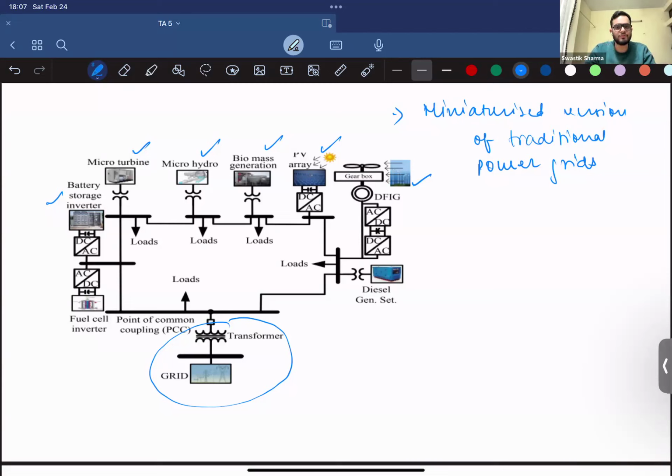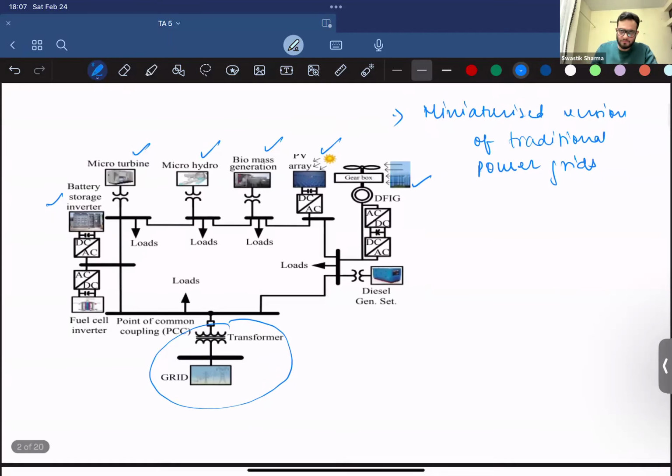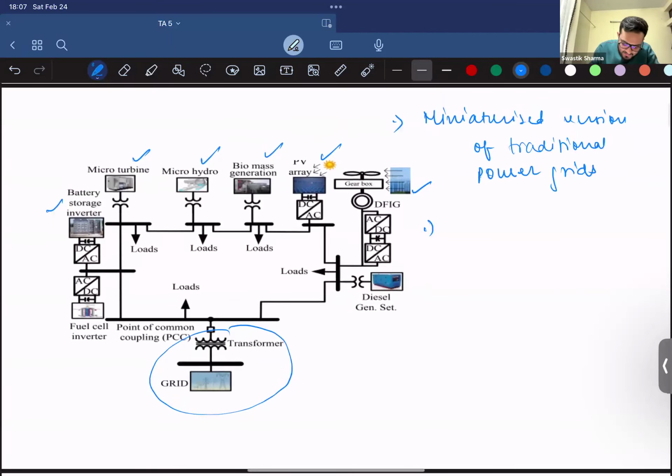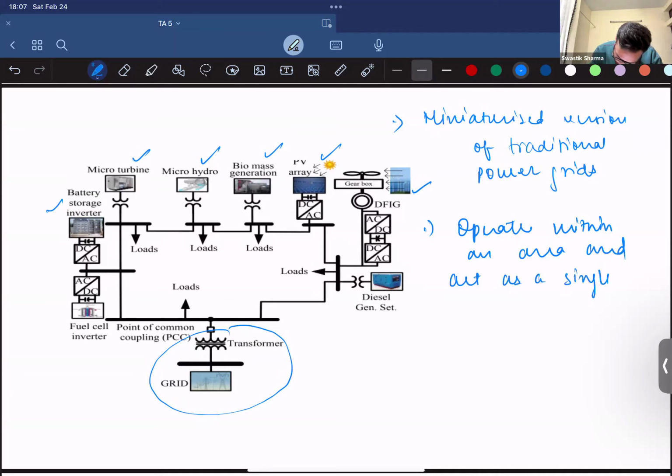So this ensures that we have power available locally as well as from the standard place, like the power grid. So these can serve as a single controllable unit at times, and they operate within an area and as a single controllable unit.